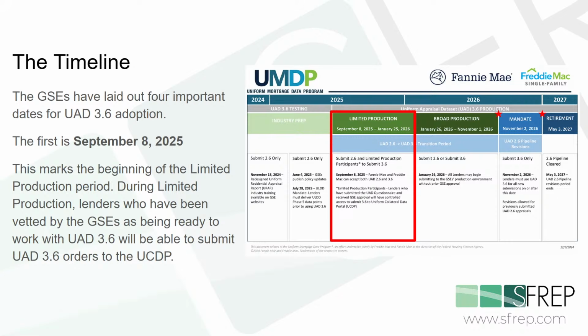I doubt you will see a UAD 3.6 come at you even in the month of September. This is going to ramp up very slowly as we get closer to Christmas and the new year, and then you will start seeing more and more of these UAD 3.6 reports coming at you.